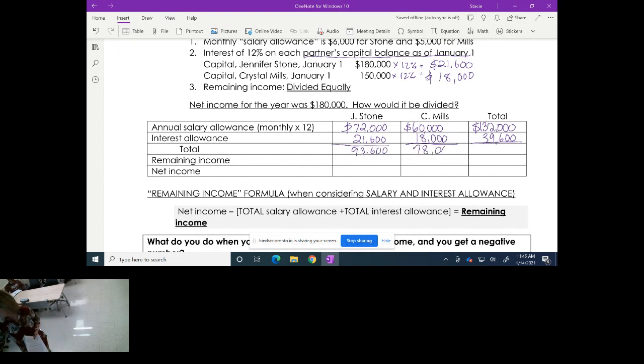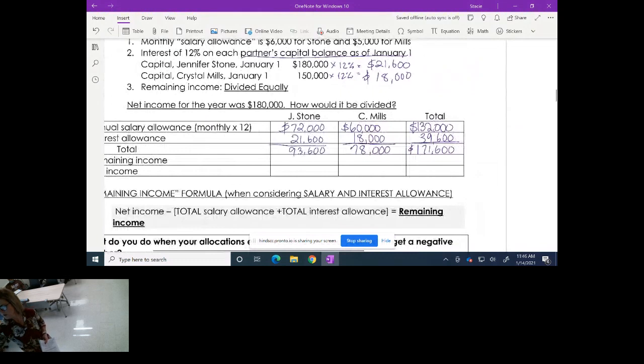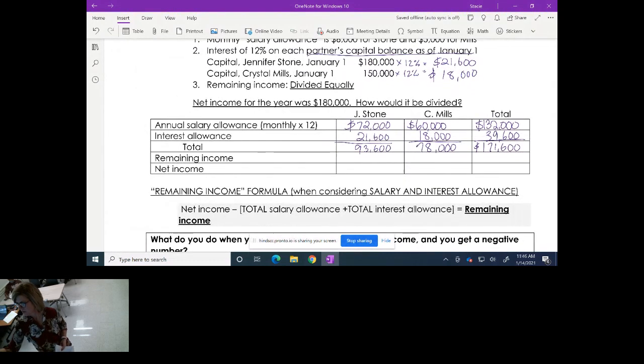So how much is the total that we've allocated so far? It'd be 93.6 plus 78. 171,600. Okay, so this is the amount that we have currently allocated. All right, remaining income is going to be equal.